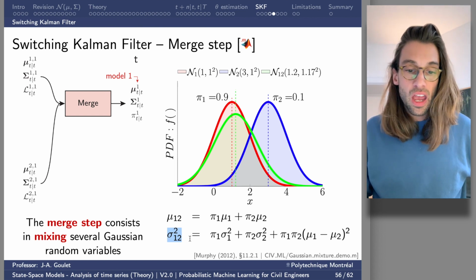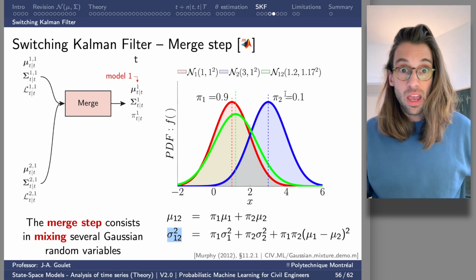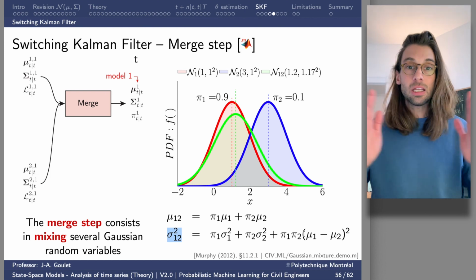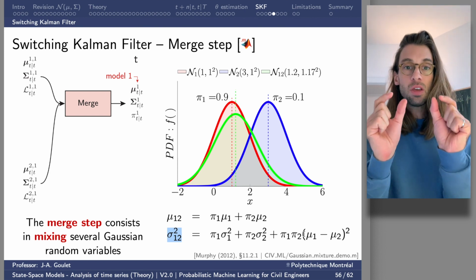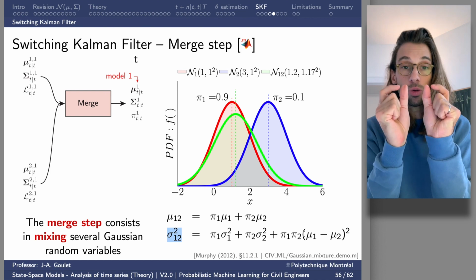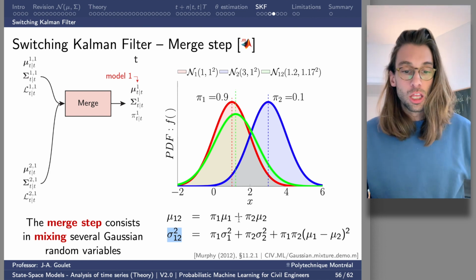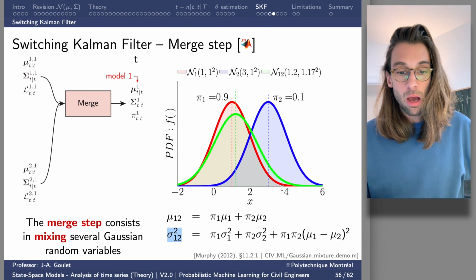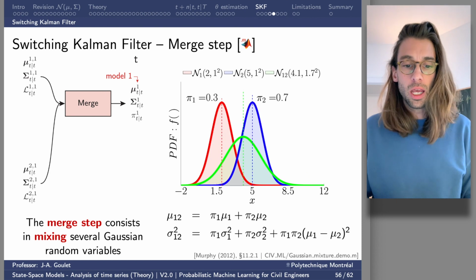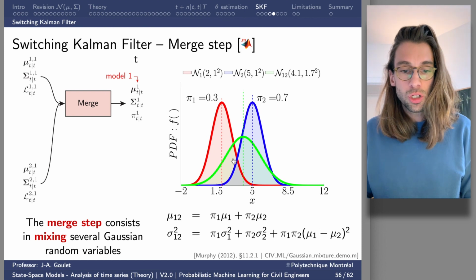Okay, so here the variance is a function of the respective variances plus the square of the distance between the 2 distributions. So even if the 2 distributions are very narrow, if they are far apart, the variance of my mixture can be really large. Here's another example. I have 2 distributions which both have the same variance.